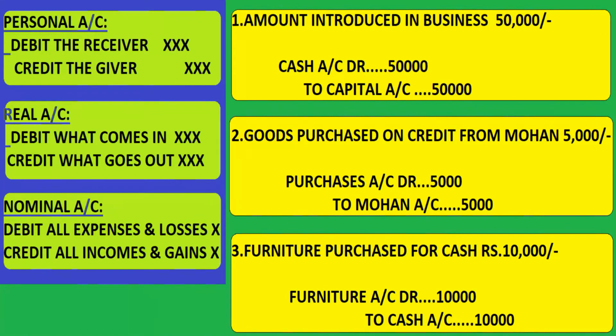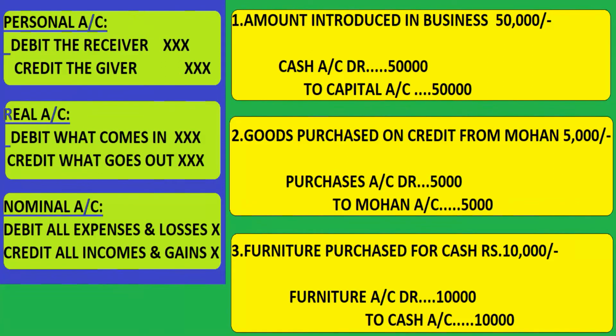And next one is capital. Capital belongs to personal account. How is that possible? Who brought capital? Owner brought capital. So behind capital there is owner. Capital is representing owner. So capital is a representative personal account. As per personal account rule, we have to credit the giver.